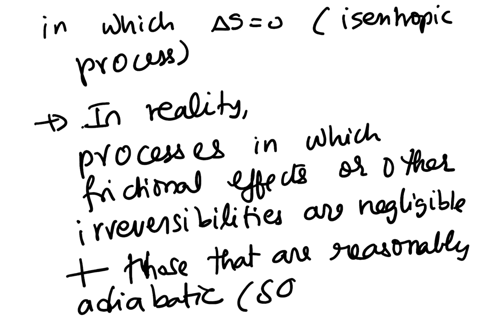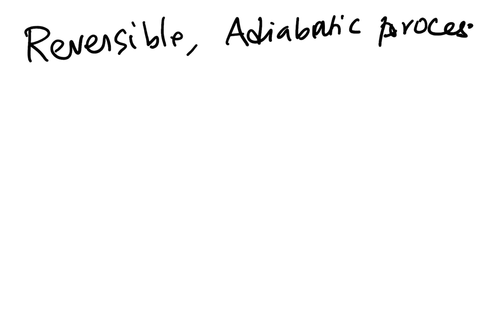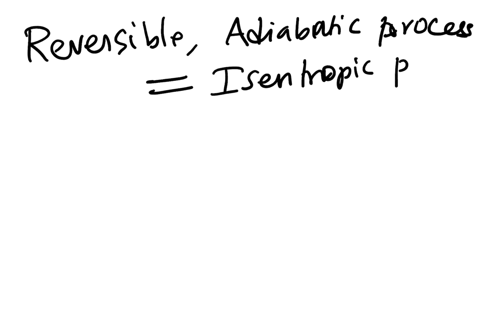That is, the heat transfer is approximately 0. That is, if you have a reversible adiabatic process, it is an isentropic process. It has to be both reversible and adiabatic.